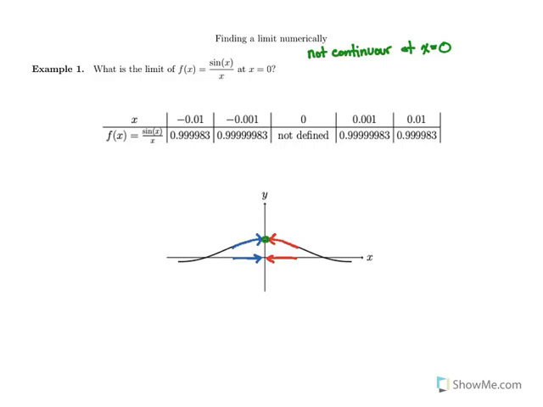So we're going to do negative 0.01, negative 0.001, 0.001, and 0.01. These are all values very, very close to 0. And we can see that all of these values are near 1, and we're actually getting closer to 1 as we get closer and closer to 0.